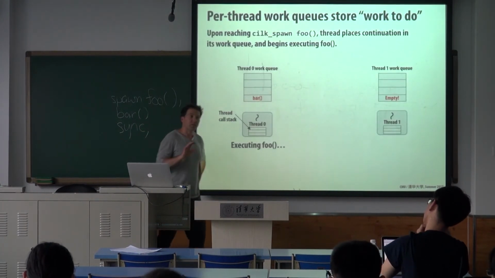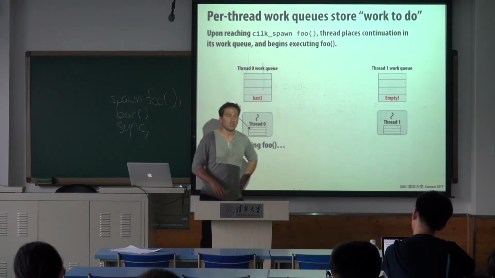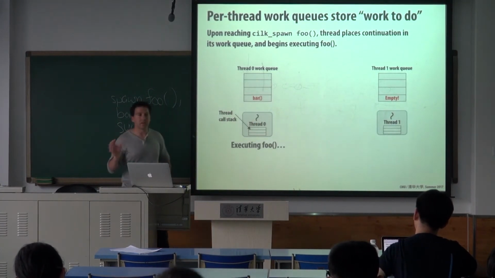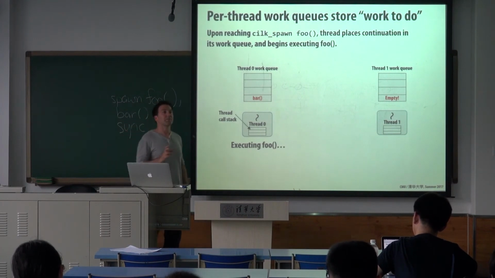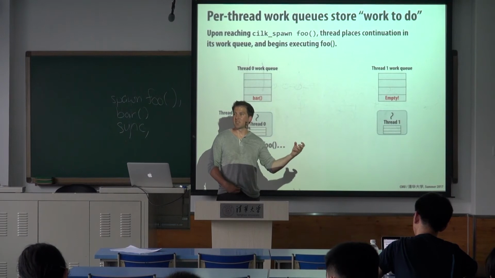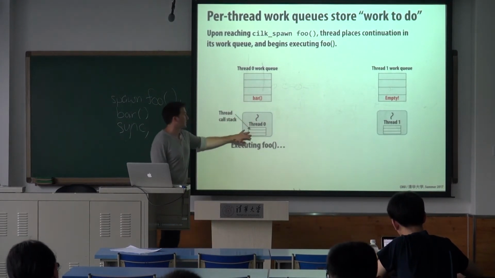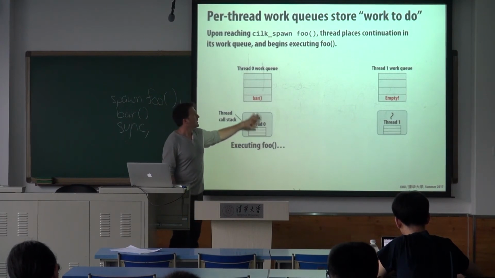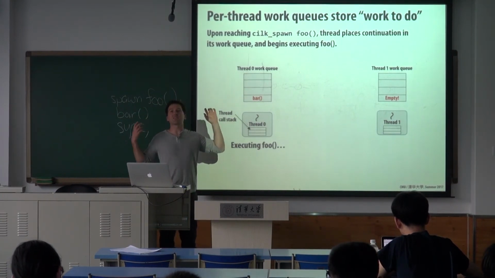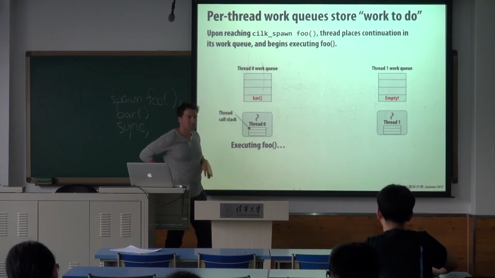Okay, so here's what Cilk is going to do. Here's our solution. For every thread, we're going to make a list. And that list is stuff that the thread needs to do going forward. So thread 0 has its stack, and whenever it sees something to do, it puts it on its own list.